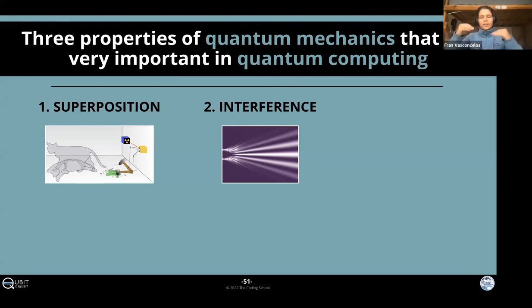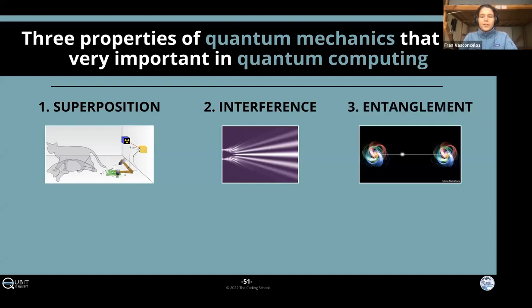The rippling pattern of those stones would propagate towards each other, and they would interfere in such a way that you get constructive and destructive interference. And it turns out that quantum particles, even though they're particles, also have wave-like behavior in which you can constructively and destructively interfere certain aspects of the quantum particles or objects.